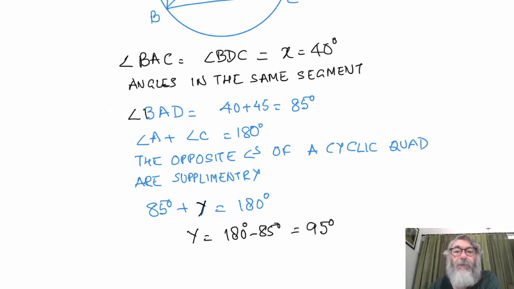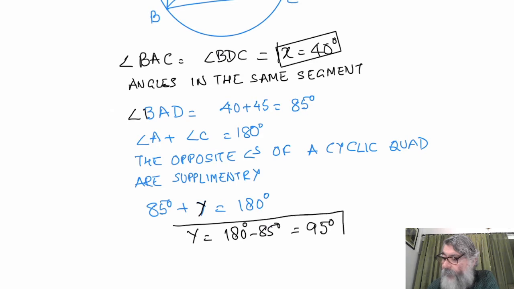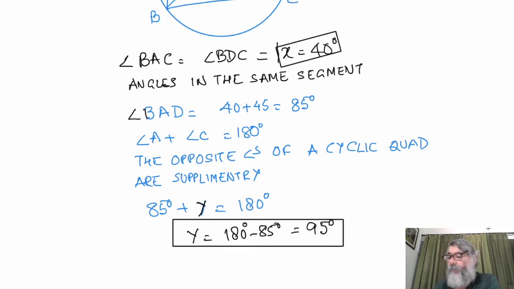So you have got X also, you have got Y also, and if you want to make a box around them, you can make it. So you've got x is equal to 40, you've got y is equal to 95.